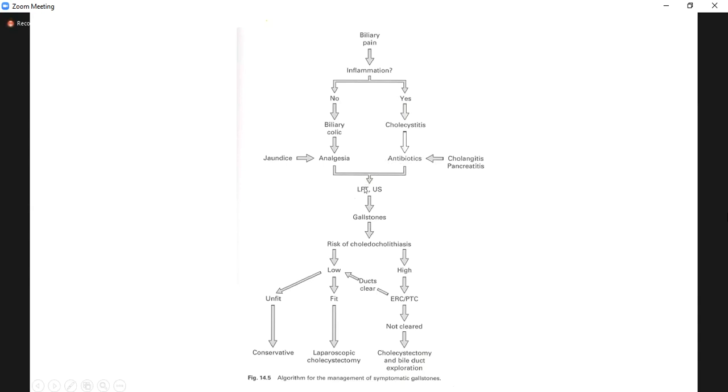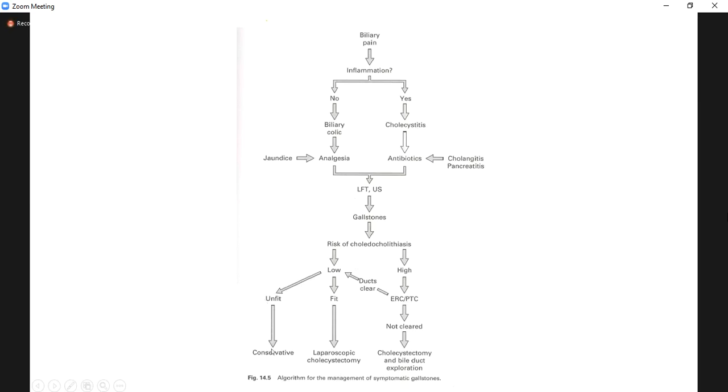At the same time, you do liver functions and ultrasound, you confirm gallstones. In acute cholecystitis, with gallstones present in the scan and no gallstones in the ducts, the risk of choledocholithiasis is less.